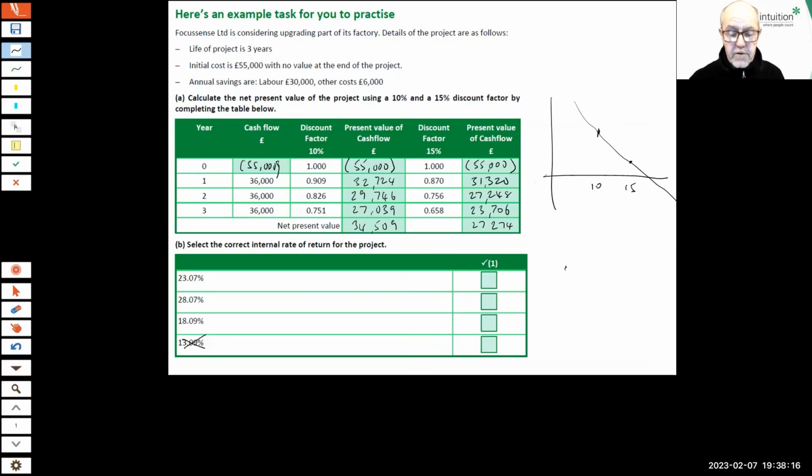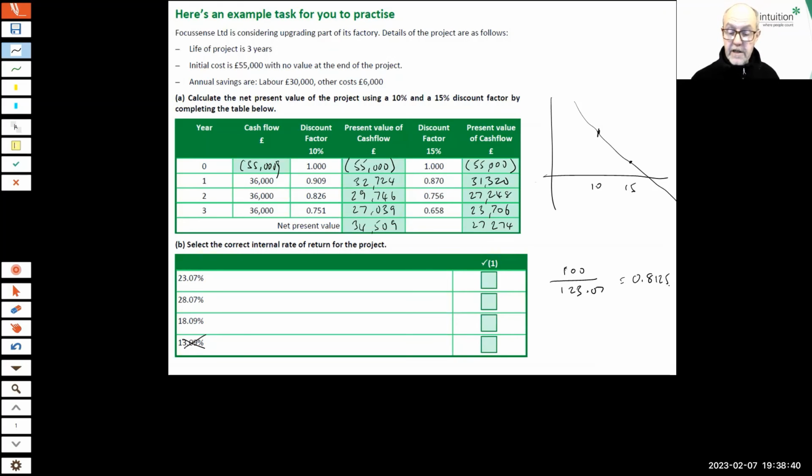So if we do 100 over 123.07, that gives us a year one factor of 0.8125. It's awkward. So I'm going to keep that on my calculator.